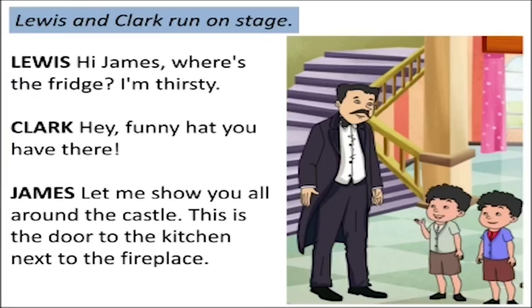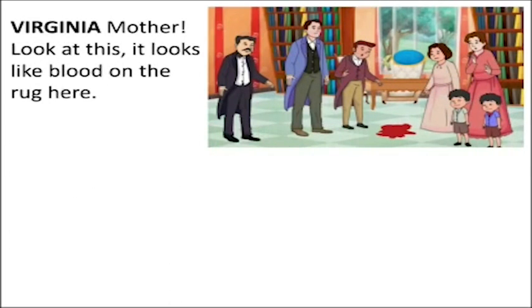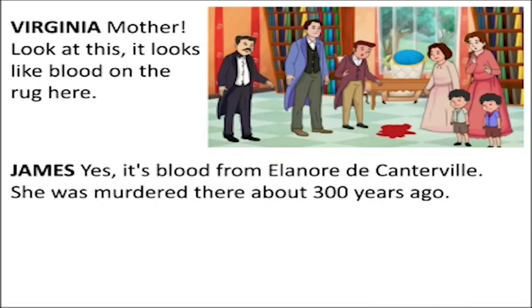James tells the other family members, "Let me show you all around the castle. This is the door to the kitchen next to the fireplace." Virginia is shocked by a scene and says, "Mother, look at this. It looks like blood on the rug here." James says, "Yes, it's blood from Eleanor de Canterville.